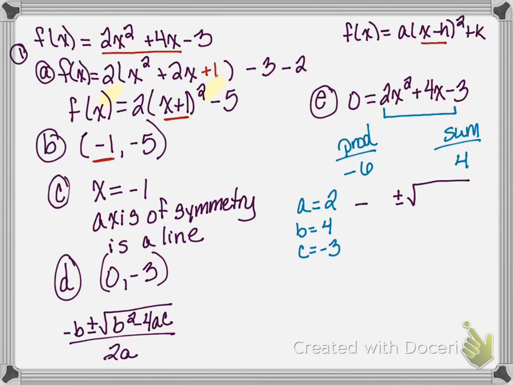So I have -4 plus or minus the square root of 4 squared minus 4 times A times C, and all of that is over 2 times A.